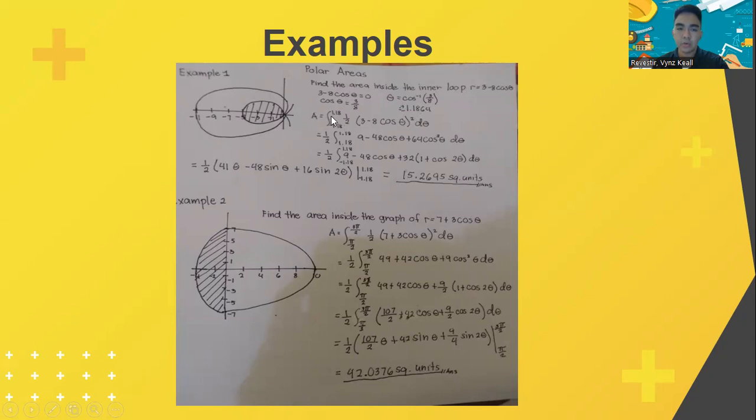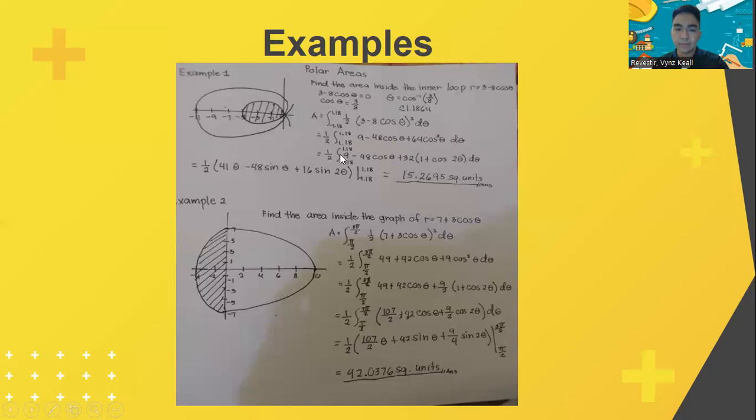So the area is equal to the integral of 1/2 times (3 minus 8 cosine theta) squared d theta with the limits of negative 1.18 to 1.18. So next, put out the constant: 1/2 times the integral of 9 minus 48 cosine theta plus 64 cosine squared theta d theta from the limits of negative 1.18 to 1.18.